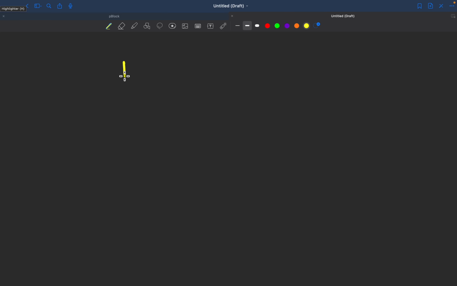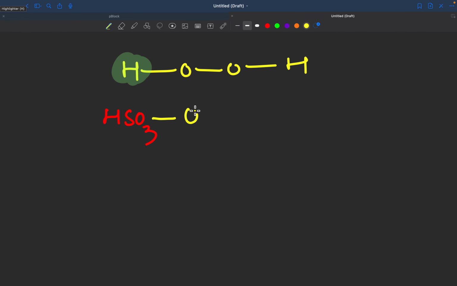So this is hydrogen peroxide, you can check here. What I'm going to do here, I'm going to replace this hydrogen by SO3H. So it becomes HSO3, then you have the same structure, O, O and H.